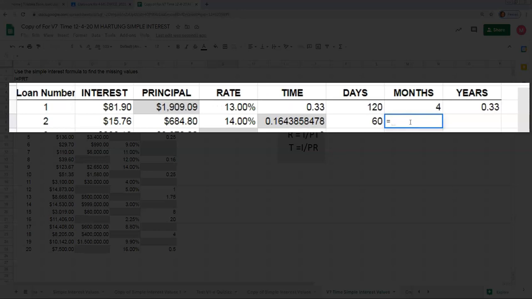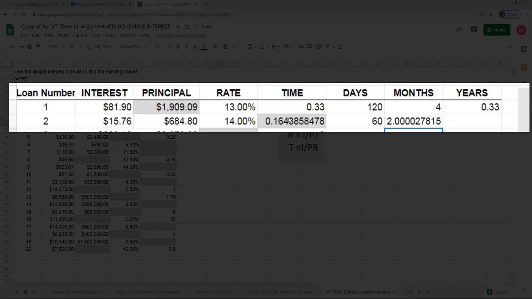And once again, we could take the number of days and divide it by 30. Another way we could do that, we could take the fraction of the year, enclose it in parentheses, and multiply it times 365, and then divide that product by 30 days.